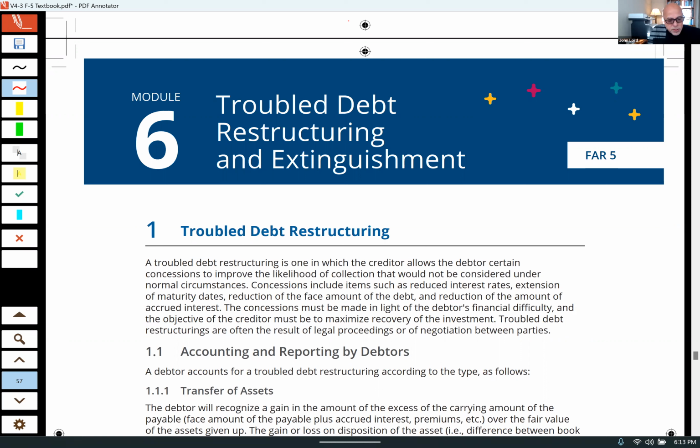One I see a lot is, I don't understand troubled debt restructuring, can anyone explain it to me? Well, the reason I think folks have trouble with it is it seems a little like they're making it up as they go along, which I find when we talk about leases too. I feel like they're doing a lot of creative shuffling around of words there.